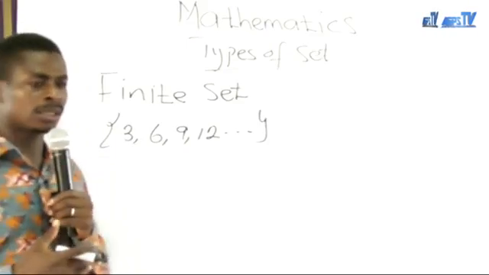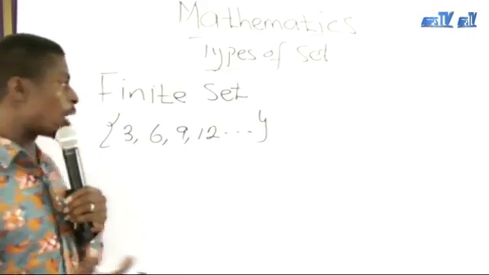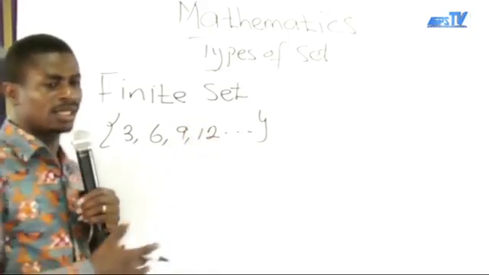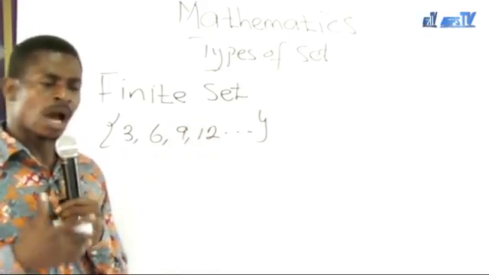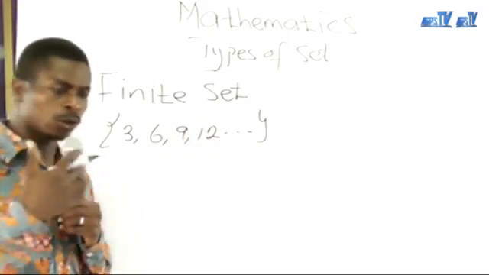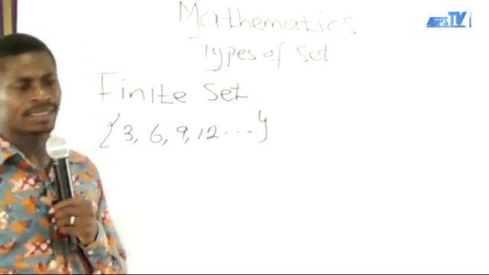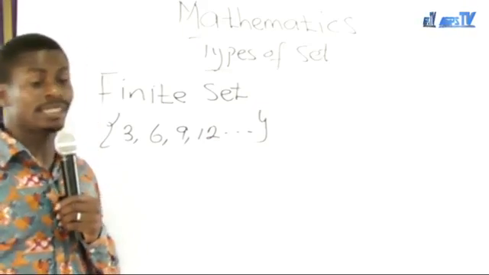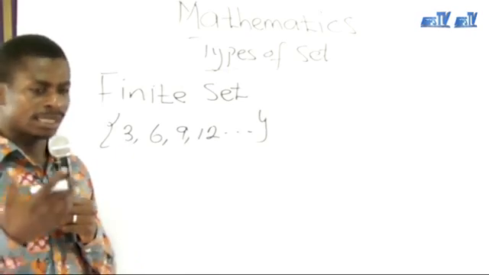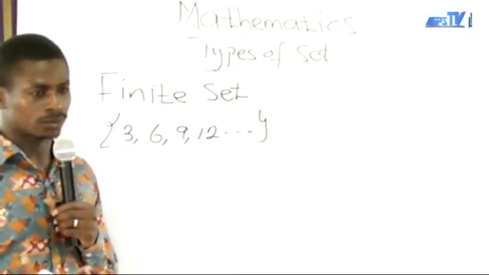You can go into tens, hundreds, thousands, tens of thousands. We can even go into quintillions, and yet the last member cannot be found.